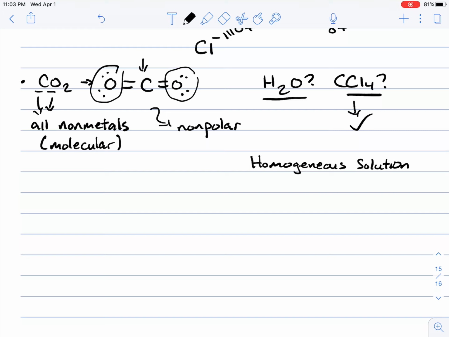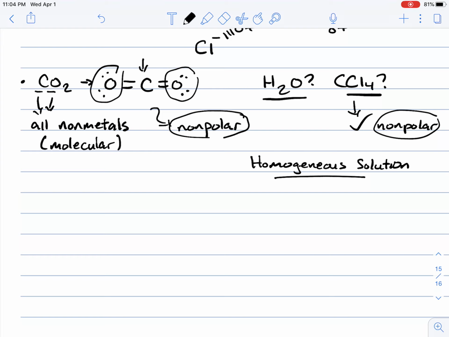And so remember, CCl4 is nonpolar. And so nonpolar will dissolve other compounds that are nonpolar, forming a homogeneous solution. Cool. And so hopefully you understand how polarity of molecules allows solutes to be dissolved or not dissolved in a specific solvent.